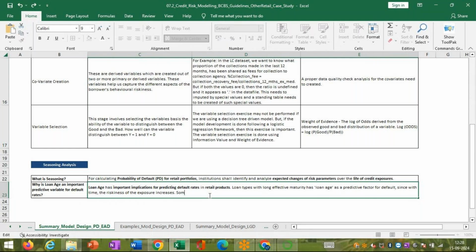Some of the important vintage-based variables include month on books, that is MOB, age with bureau, that is how many months a customer has been enlisted with the bureau, right?